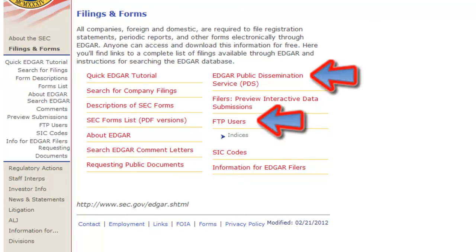The next two options I'm going to bundle together. Through Edgar Public Dissemination Services and FTP users, you can obtain the raw data that Edgar itself receives. For example, if you were a computer programmer and wanted to create software or a website kind of like Edgar, but maybe you have better ideas on how to present or sort this information, this is where you would go to get it.